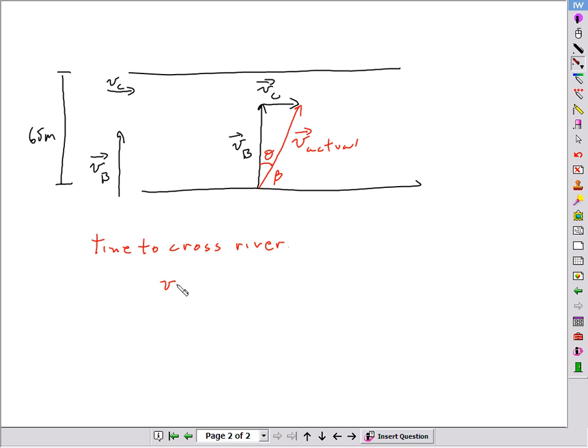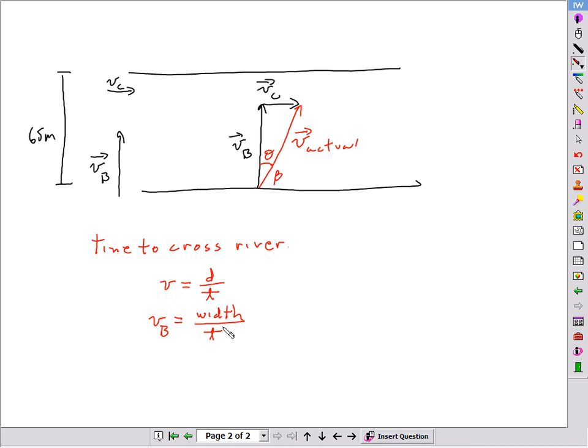So what I'm going to have to do is say V equals D over T, and in this case it will be the speed of the boat in still water is equal to the width of the river divided by the time.